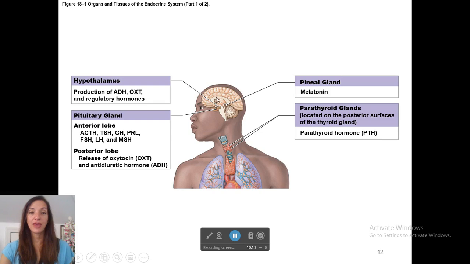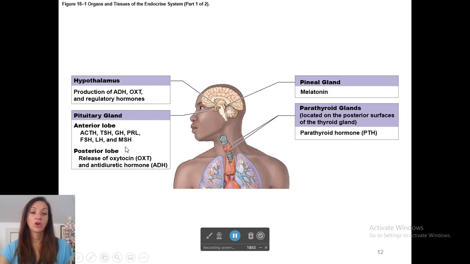So we have the hypothalamus, which is found here in the brain. The hypothalamus leads to the pituitary gland. The hypothalamus is the regulator of the endocrine system. It is part of the nervous system as well as being part of the endocrine system, so it has that duality. The pituitary gland is also right there below the brain, and it also has a function within the nervous system and the endocrine system.